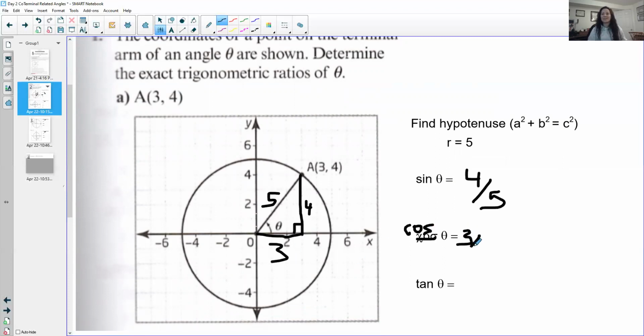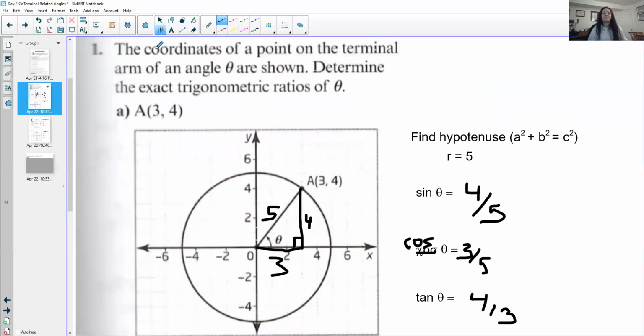It is 3 over 5. And tan is opposite over adjacent. It is 4 over 3. So if we're trying to figure out our trig ratios, honestly, that's all we're looking at. What I want you to notice right now is that this one is positive, this one's positive, this one's positive. So in our first quadrant, they are all positive, okay?